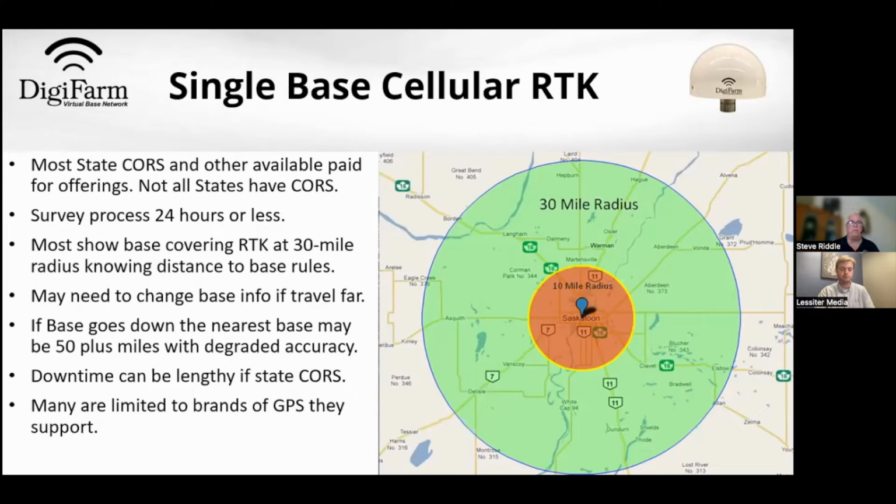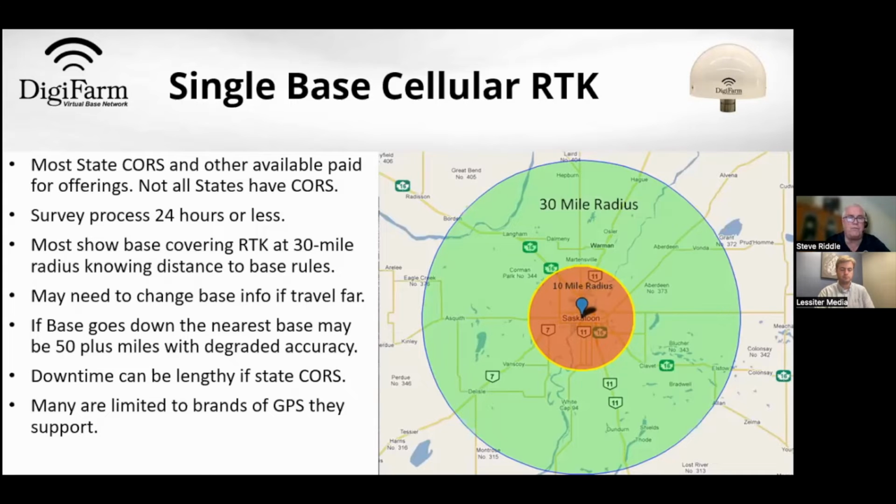But you've got to remember that distance rule. Their map's showing 30 miles, but you've got to remember that 10-mile range. So if you're looking for repeatable accuracy, I would challenge using this, and it's certainly vertical. You wouldn't want to trust that much more than a few miles outside where that physical base is.